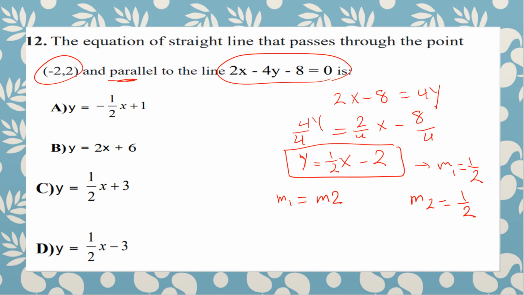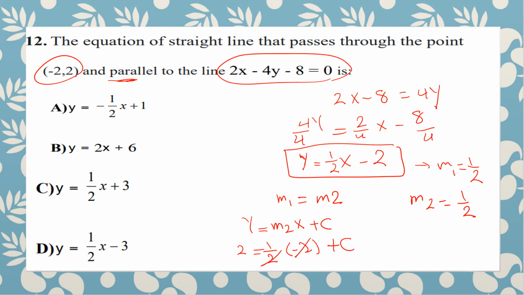So y equals m2 x plus c, and by substituting the point, 2 equals half times negative 2 plus c.